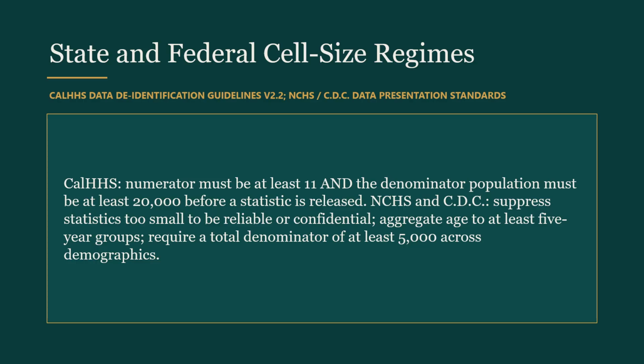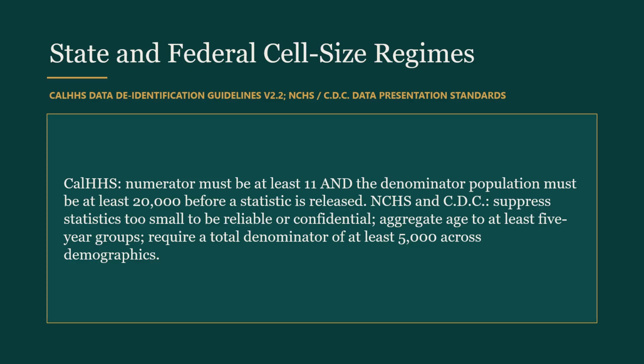Numerator rules protect against the arithmetic of small cells. Denominator rules protect against the sociology of small places. An expert who checks only the numerator has done half the job. Now the National Health Statistics side. Guidance from the National Center for Health Statistics and the Centers for Disease Control and Prevention adds 2 familiar constraints.